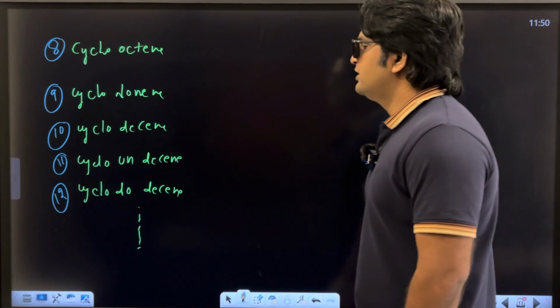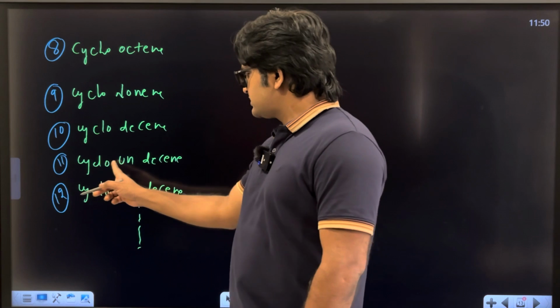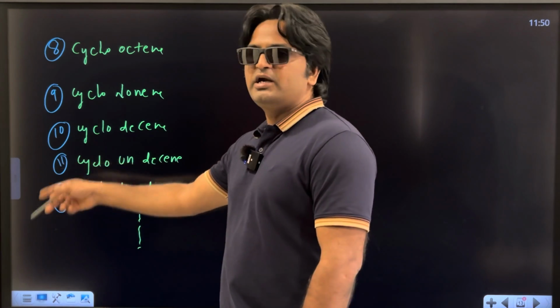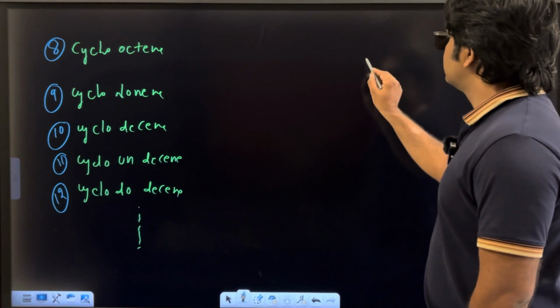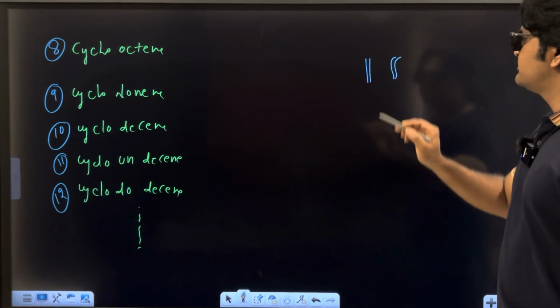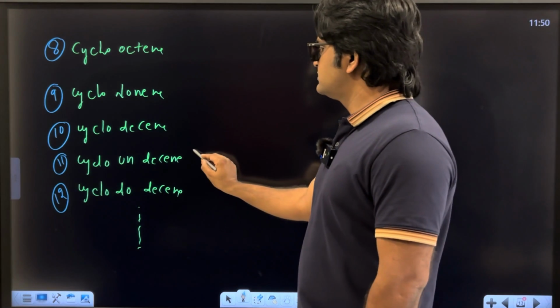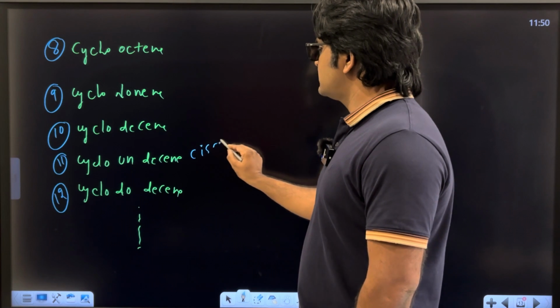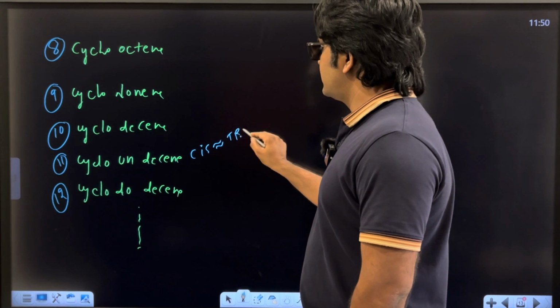Now from the stability point of view, in the case of cycloundecene, how many carbon atoms are there? 11 carbon atoms. Just remember like this. Now I am using the approximate symbol like this. Here cis is approximately equal to trans.